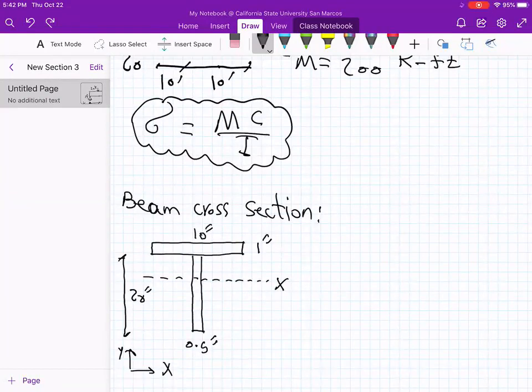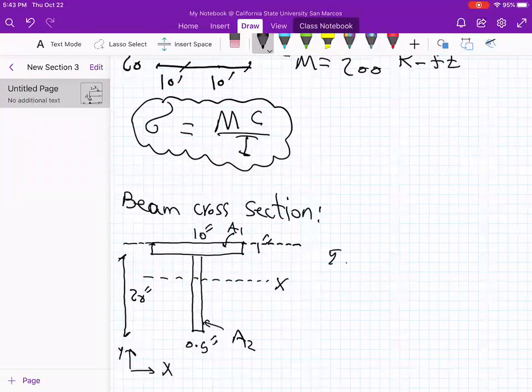Okay, now let's find the center. For the center, we said we should fix the axis. Let me fix this axis. We can fix top or bottom, so we fix this one. We have two things: let's call this one A1 and this one A2.